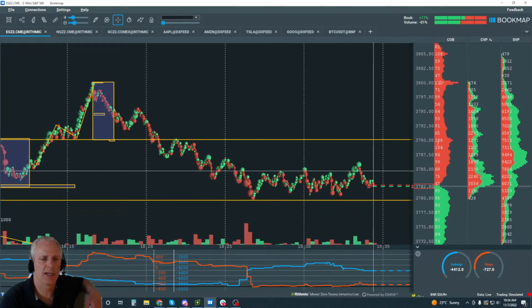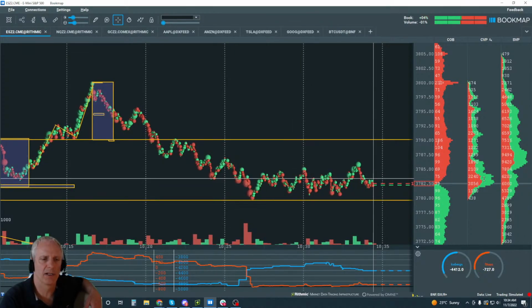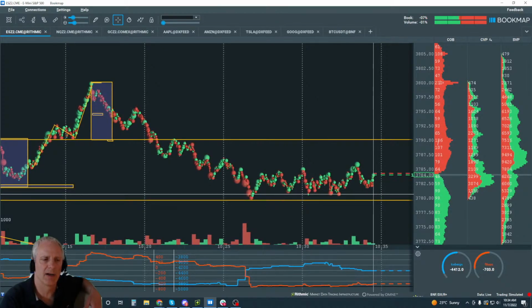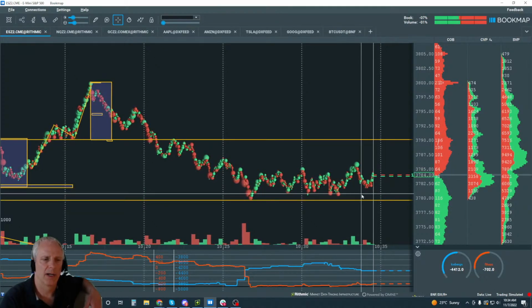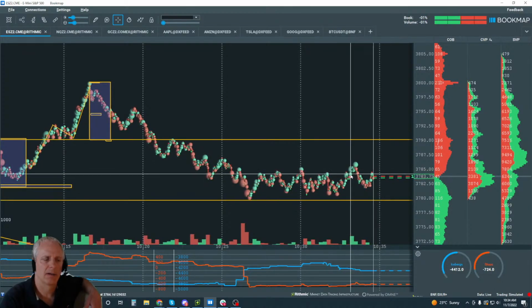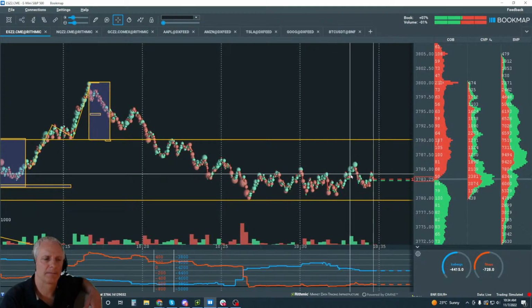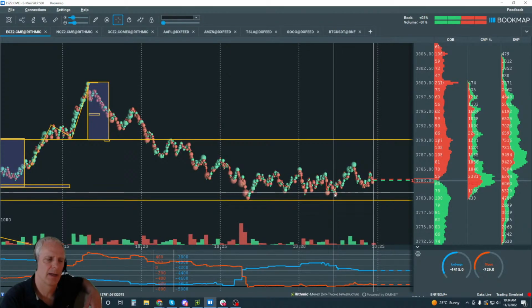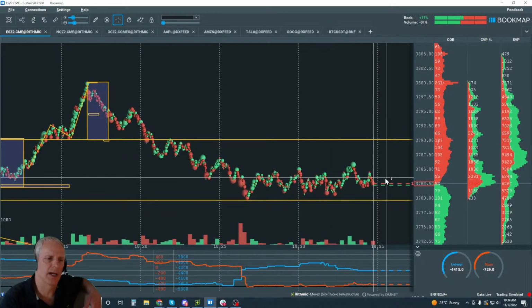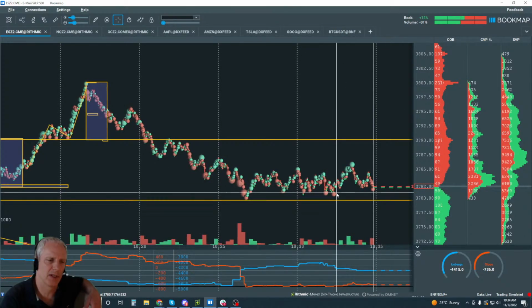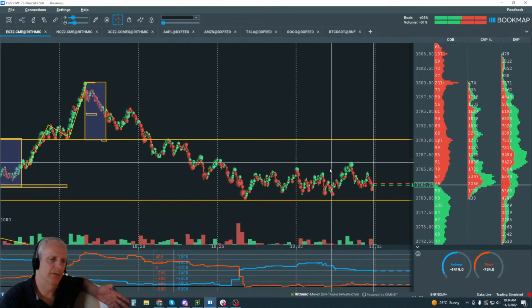In fact, look at this B-shaped profile in here. But again, we need to see a little more selling down here, and then this can break. We didn't get that. We got buyers here. If we can get enough buyers up in here, it's not going to be a weak bottom. Now if we get enough sellers here, which we just might right now, and again, I don't really like it.